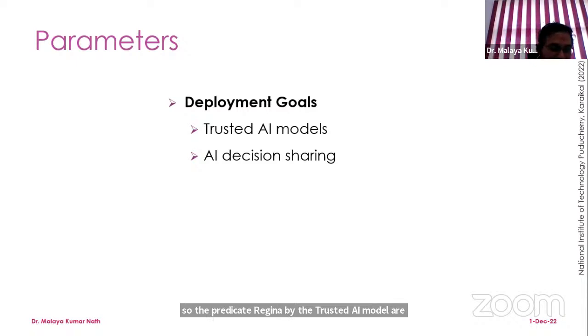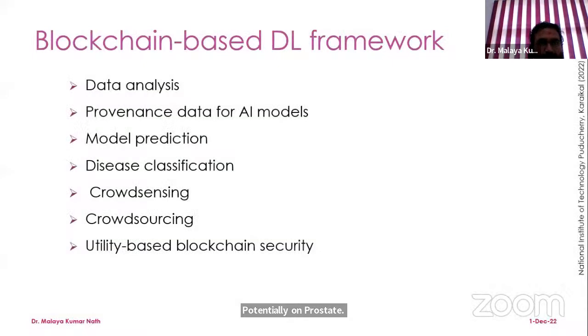For AI decision sharing, blockchain technology assists in securely sharing the data between untrusted participants, and the AI decision sharing parameter describes the predictions made by the AI-based models and time series data to securely share the predictions among potentially untrusted participants. Next is the blockchain-based DL framework.